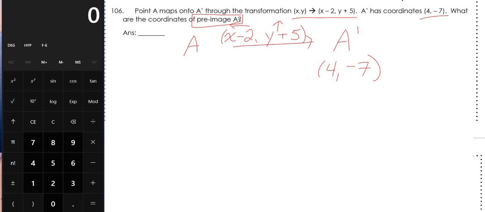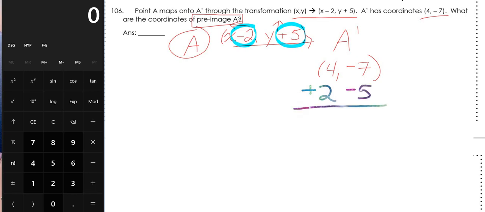Now, to come up with that, when you're working backwards to try and get your original figure, what we're going to do is we're going to take these movements of -2 and 5, and we're going to reverse them. So to reverse them, you're going to add 2. Instead of subtract 2, you're going to add the 2 back. Instead of adding 5, you're going to subtract the 5 back to come up with your answer. So 4 plus 2 is 6.